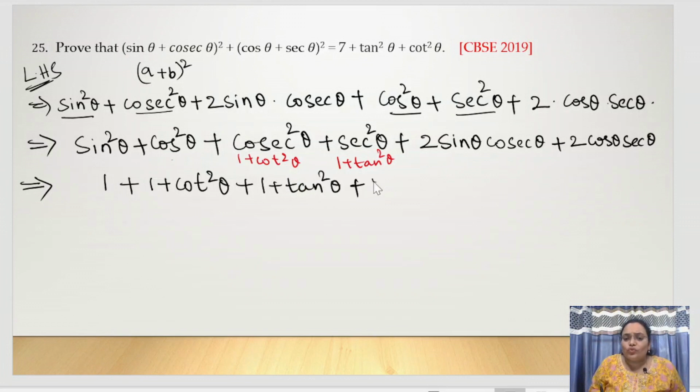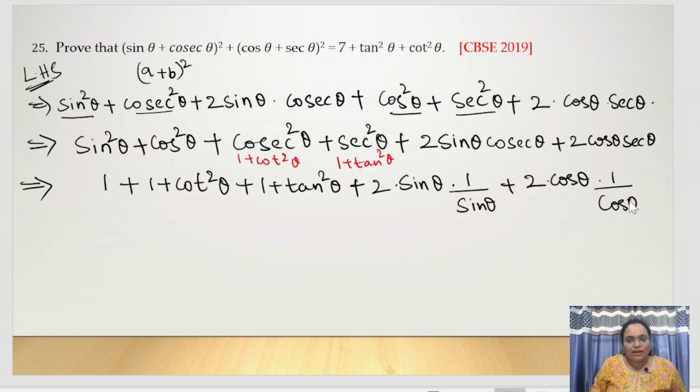plus 2 into sin theta into cosecant theta, which can be written as 1 by sin theta, plus 2 into cos theta into secant theta, which can be written as 1 by cos theta. So sin will get cancelled, cos will get cancelled.